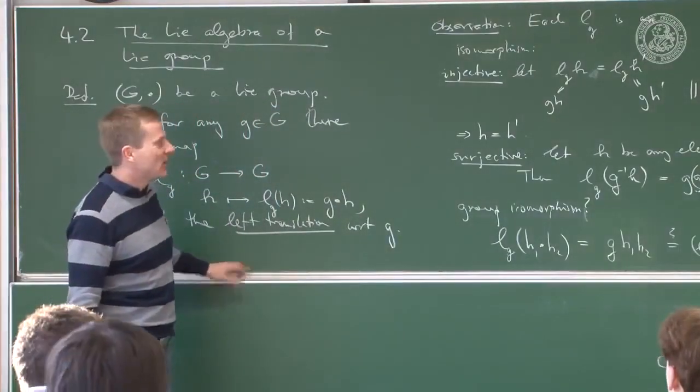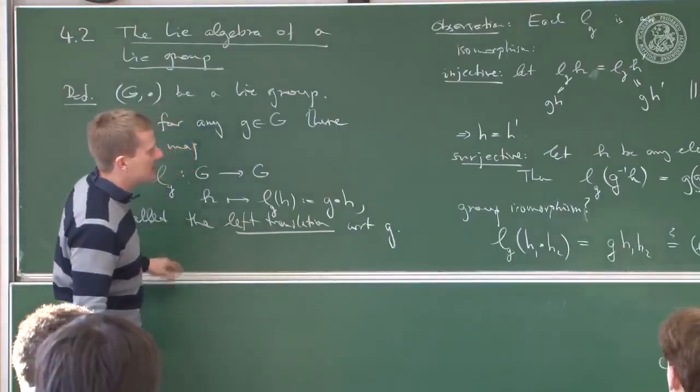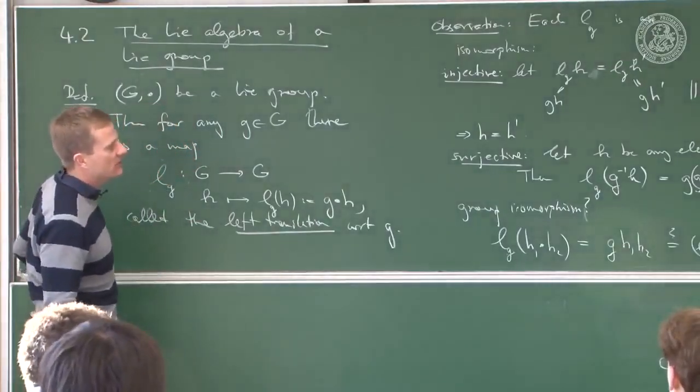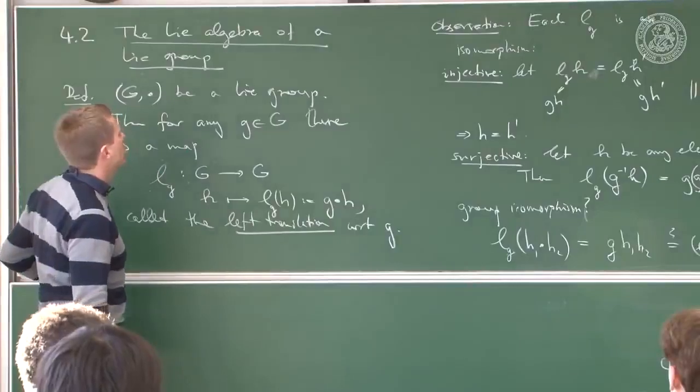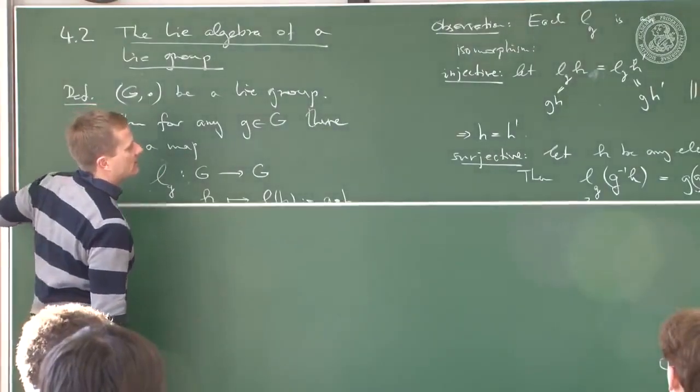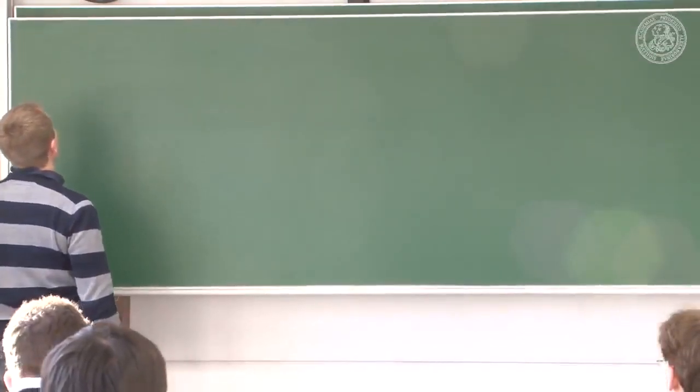Okay, so we have these left translations L_g, they're diffeos, and because they're diffeos, we can extend the action to vector fields on the group.